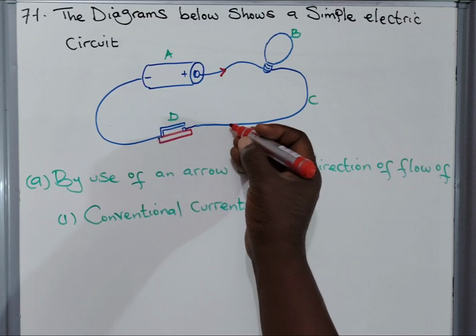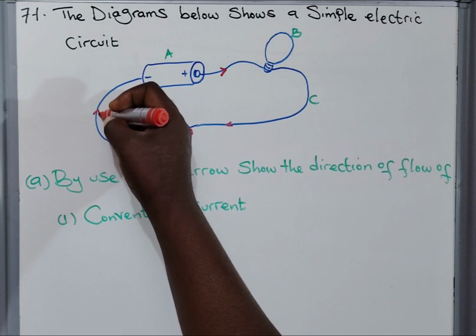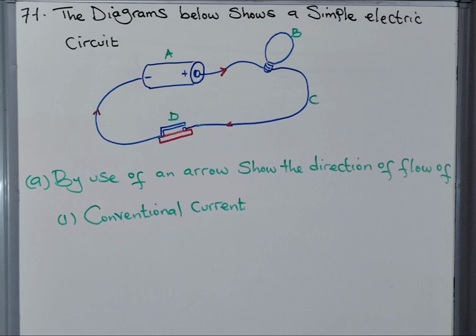So in other words, this is how it's going to be. It is due to the flow of positive charge. Actually, it was developed before people came to know that it is the electrons which are conducting electricity.